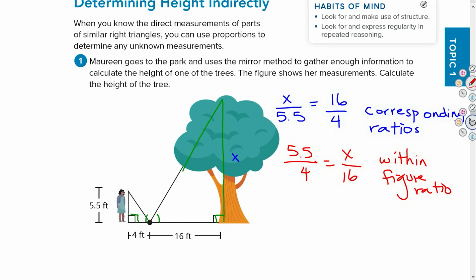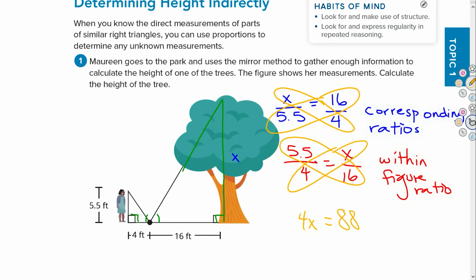With correspondence, x over 5.5 equals 16 over 4, or 5.5 over 4 equals x over 16. Either one is fine. You'll notice that if you cross multiply, x times 4 or x times 4, you get 4x. And if you do 16 times 5.5 or 16 times 5.5, you get 88.